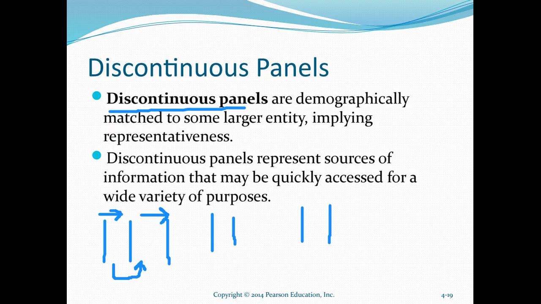Because if they understand the phenomenon, they may give you a socially desirable bias, and they are not giving you real feedback. That can be an issue for the research.